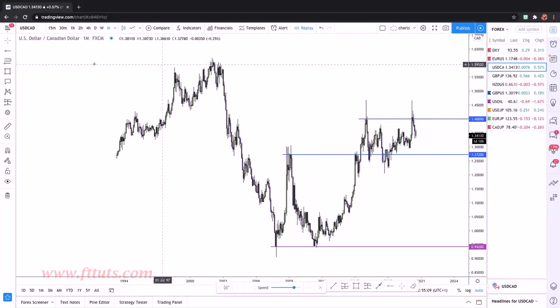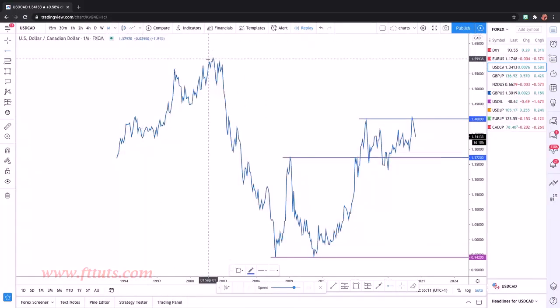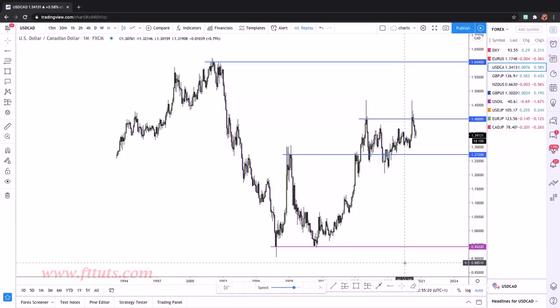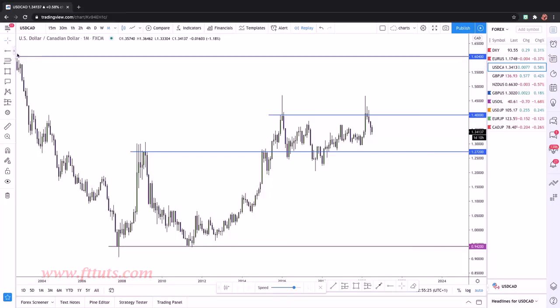And then of course price rejected up here, so okay, that's for the monthly on USD CAD. Still in an uptrend.